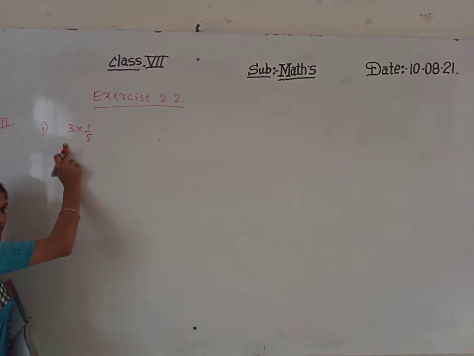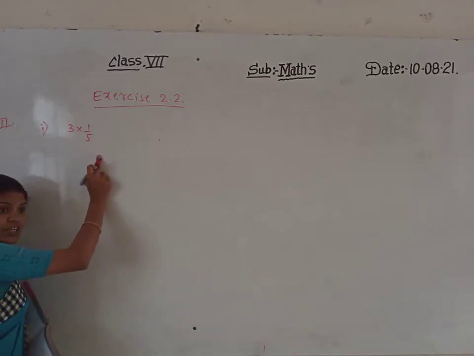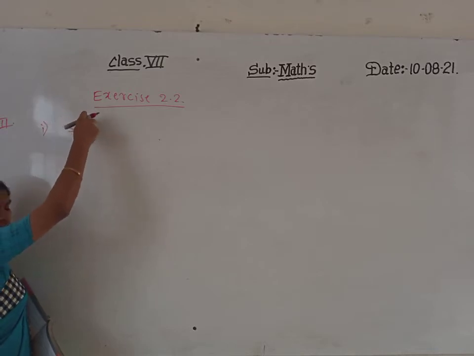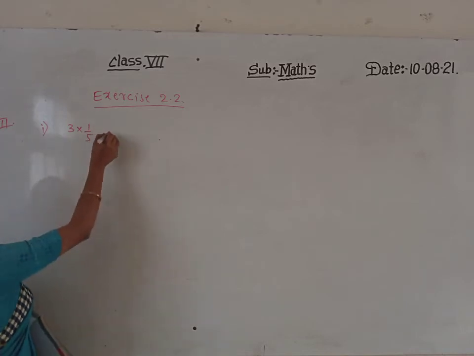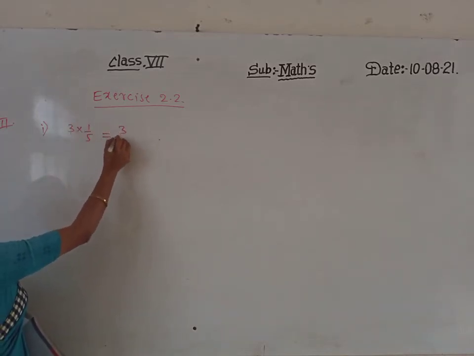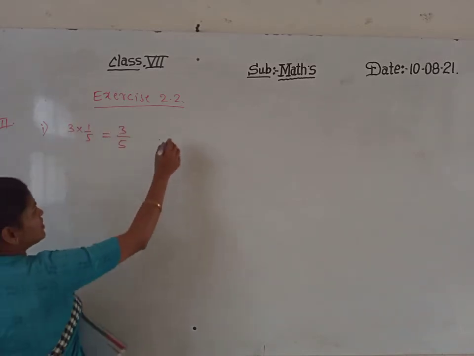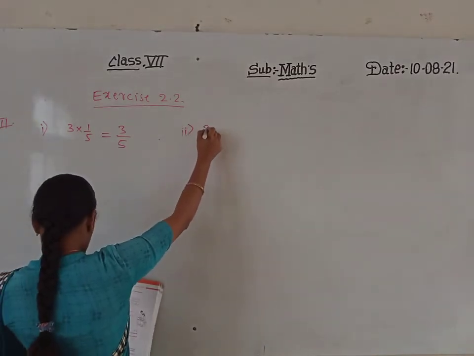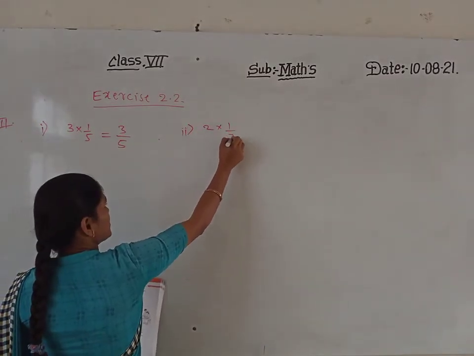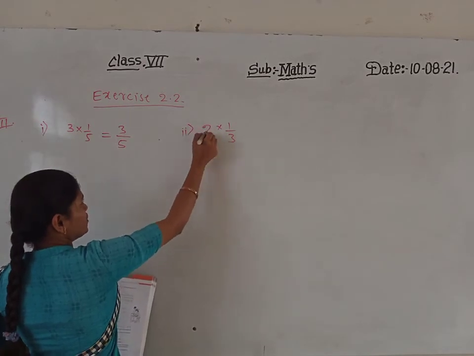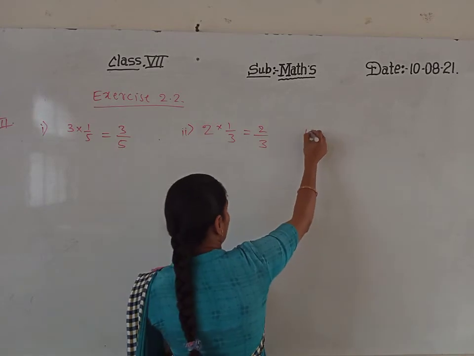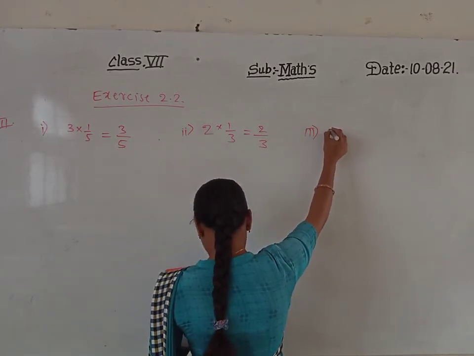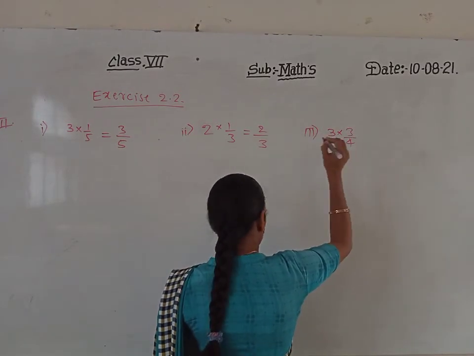Already you did yesterday whole number by fraction multiplication. What were we doing? The whole number is multiplied by the numerator, then keep the denominator as it is. It becomes 3 into 1, 3 divided by 5. Then the second one, 2 into 1 by 3. 2 into 1, 2 divided by 3. Then the third one, 3 into 3 by 4.